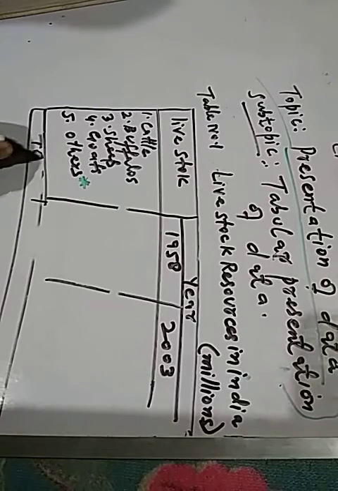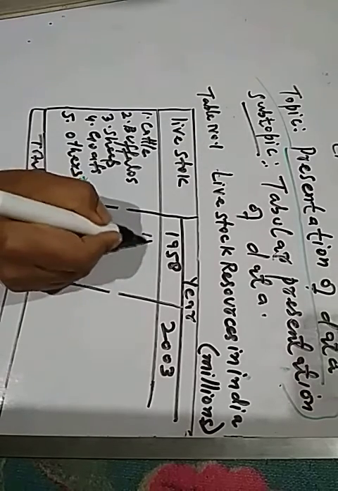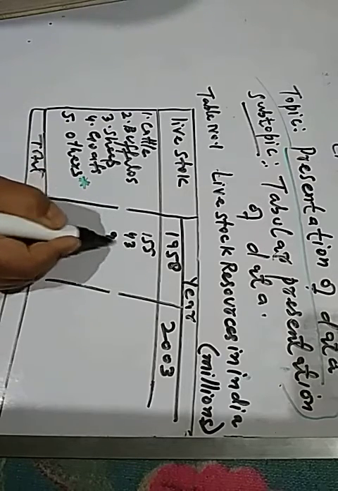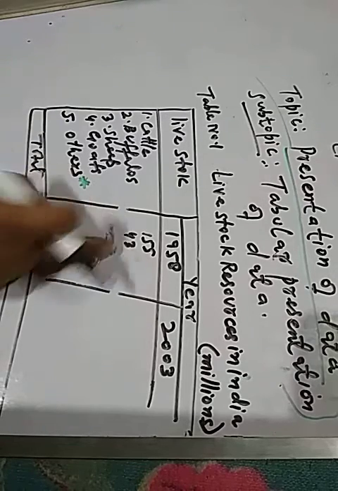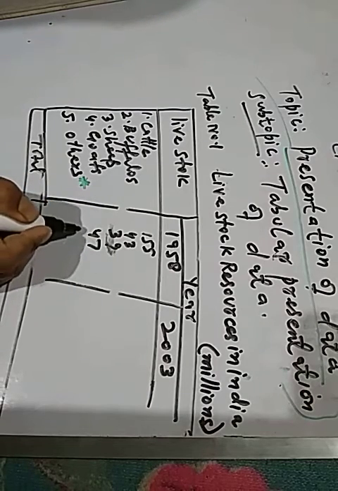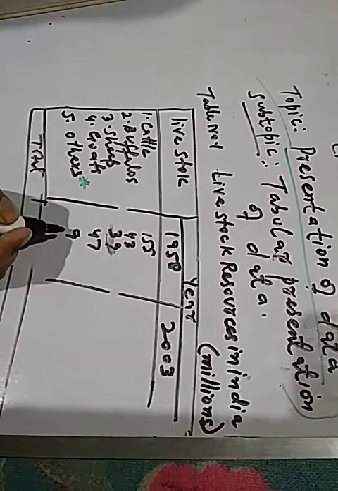Total. In 1958 the figures were 155, 43, 9, 39, 47, and 9 in others.